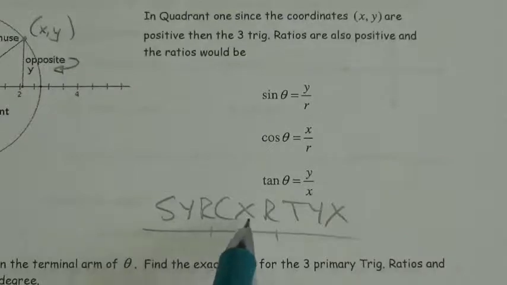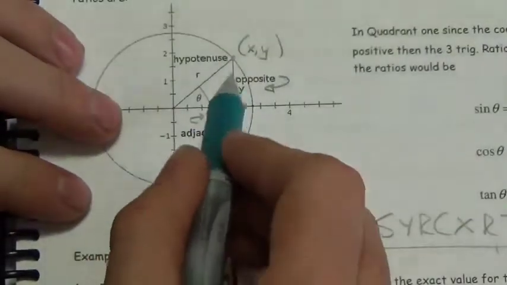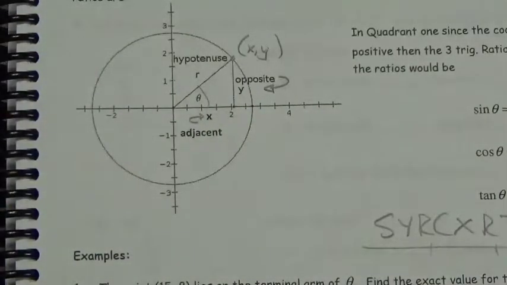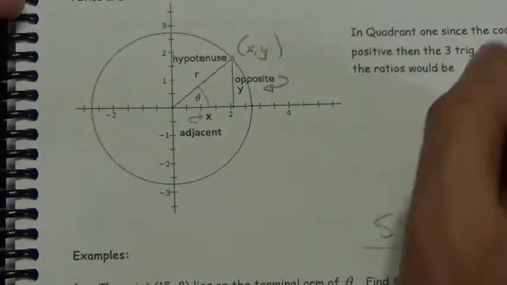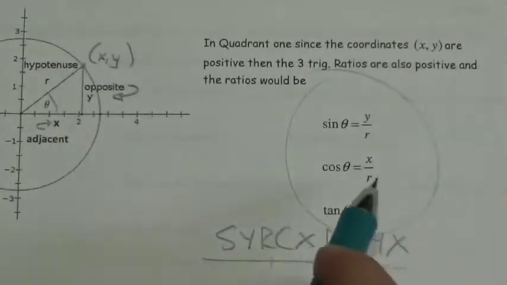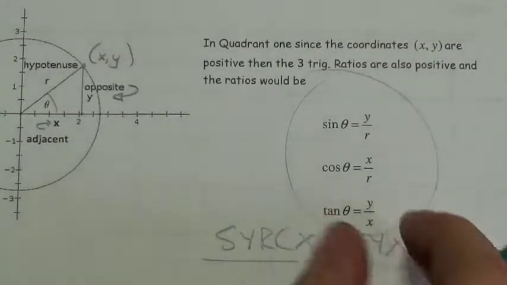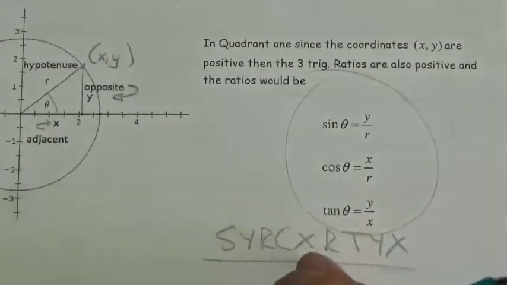Adjacent is replaced with x, the x coordinate of that point on the terminal arm. And so we should be able to build the trig ratios now for any kind of angle based on these definitions. In fact, we're going to stick really doggedly to these definitions. These are going to apply regardless of what the rotation angle is.